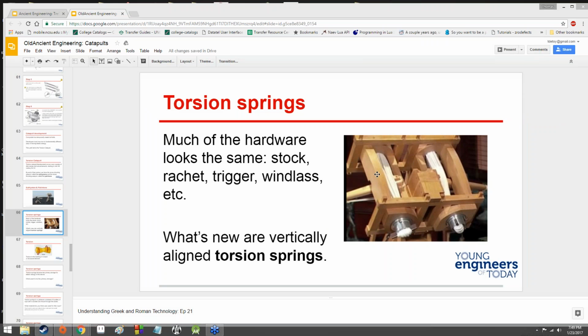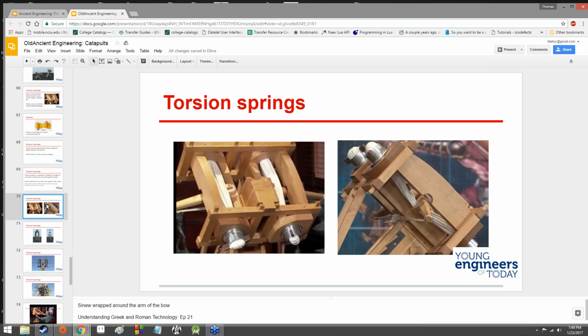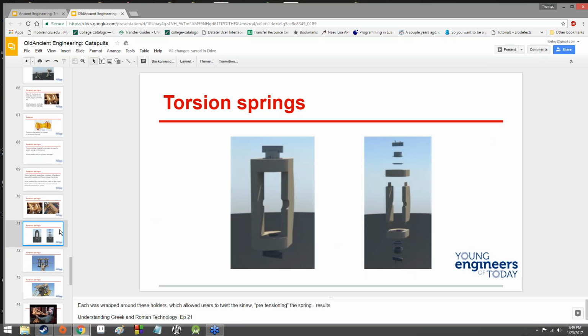But yeah, those cords, those knots of rope would twist and store up torsion energy, and that would be the mechanism for storing energy to fire. Oh, there you go. It's actually a better illustration.